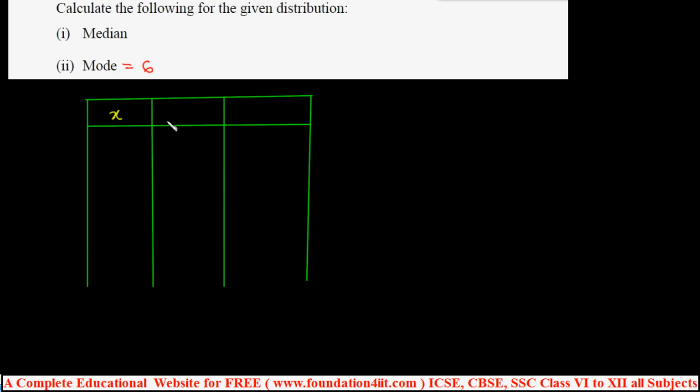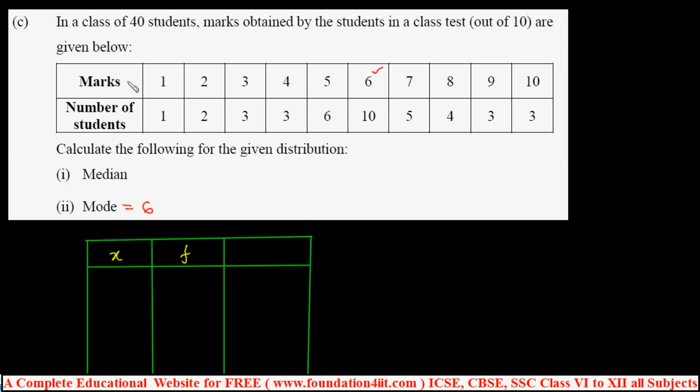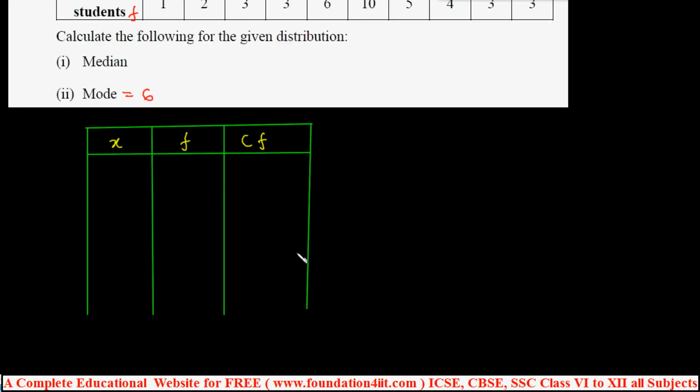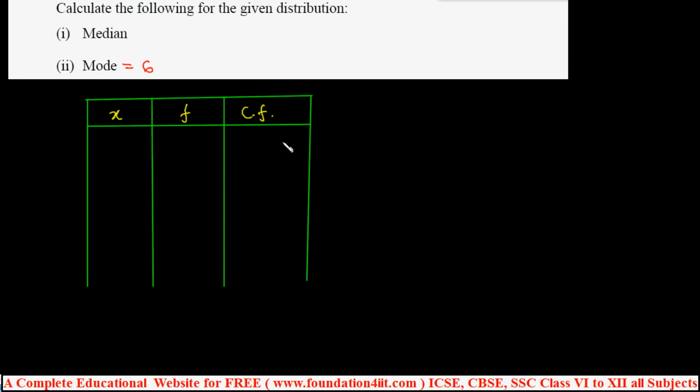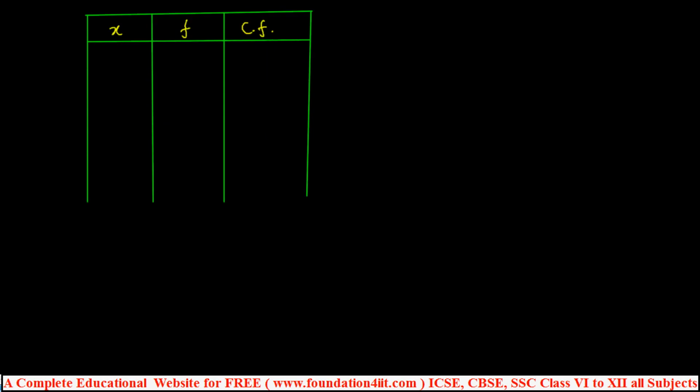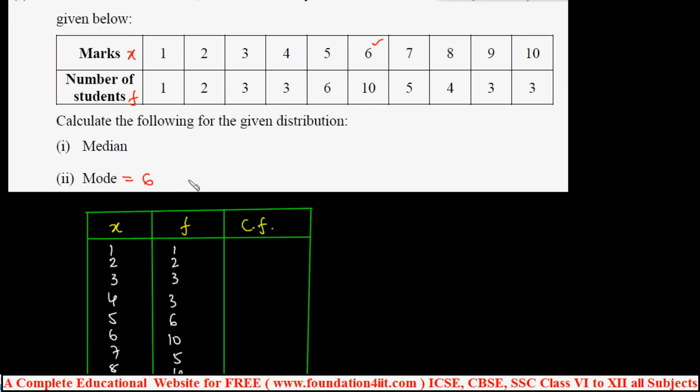Marks is x, and the number of students is f. The x values are 1, 2, 3, 4, 5, 6, 7, 8, 9, 10, and the frequencies are 1, 2, 3, 6, 10, 5, 4, 3, 3.